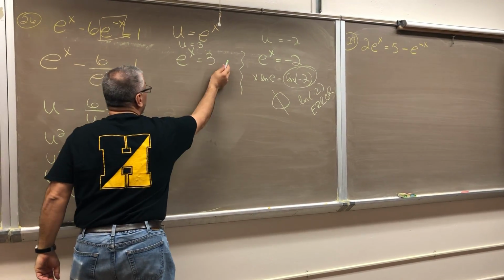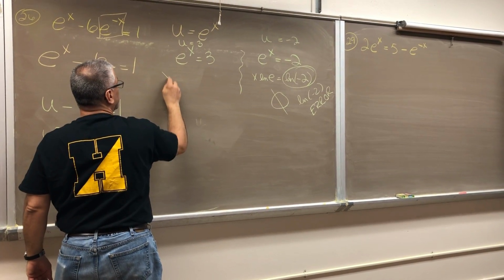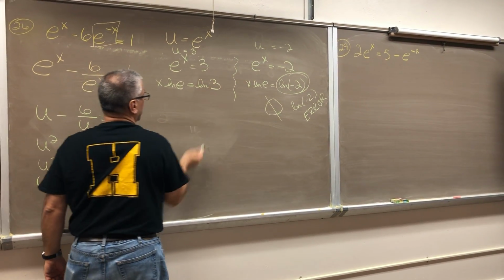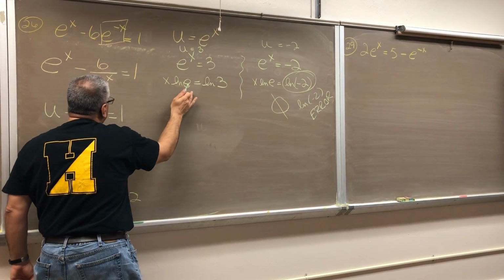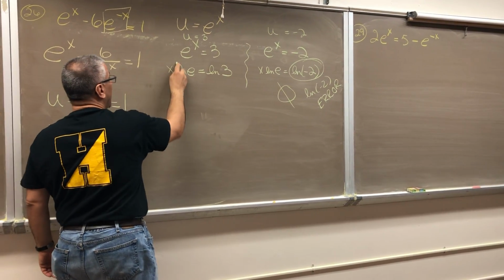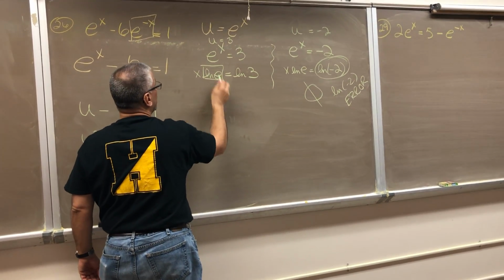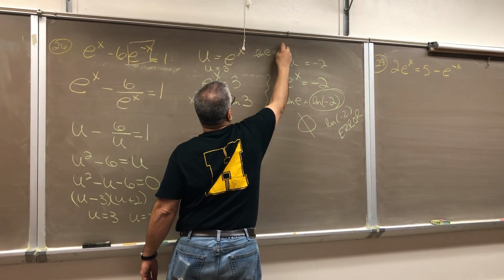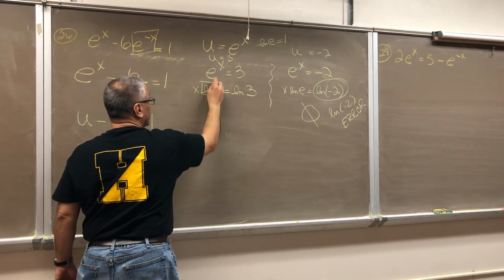So I'll take the ln of both sides. Remember, the x goes in front. And remember, from last year, as well as in the notes, ln of e is equal to 1. Remember that? ln of e is equal to 1. So this cancels out to a 1.